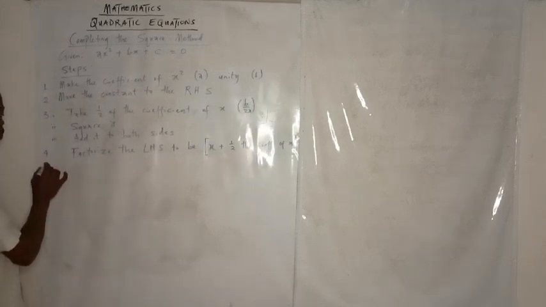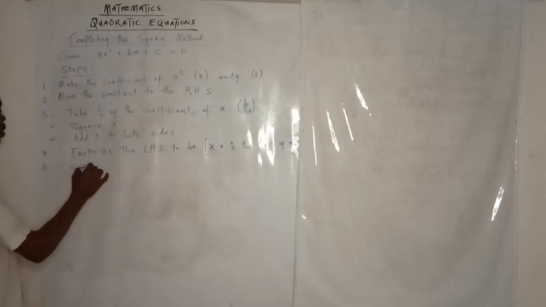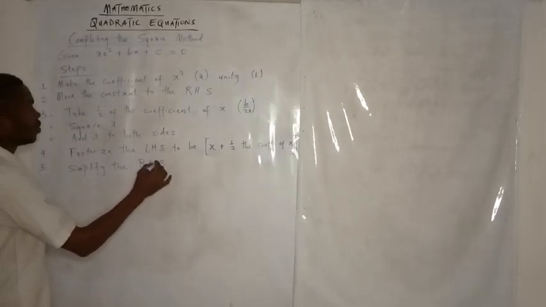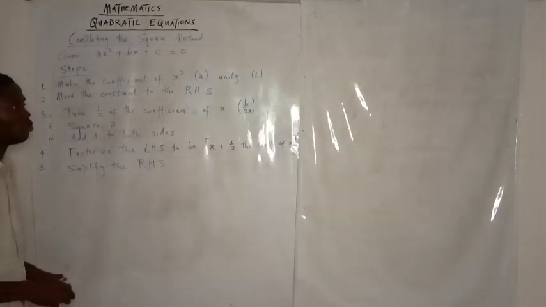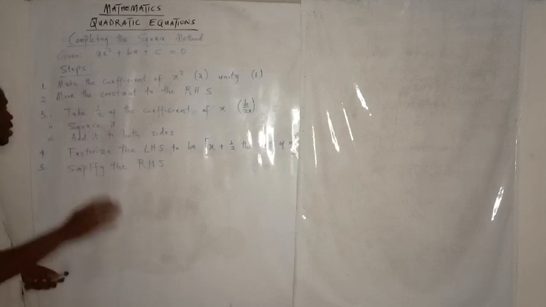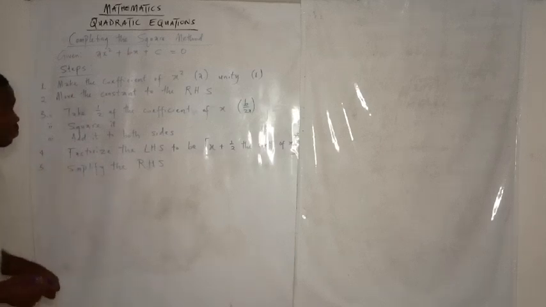And then the fifth thing to do is to simplify the right hand side. So you solve that right hand side, and then when you solve that right hand side, you will get a value.